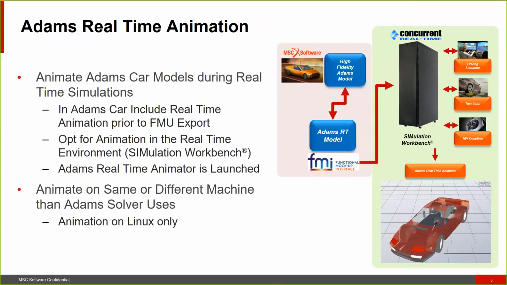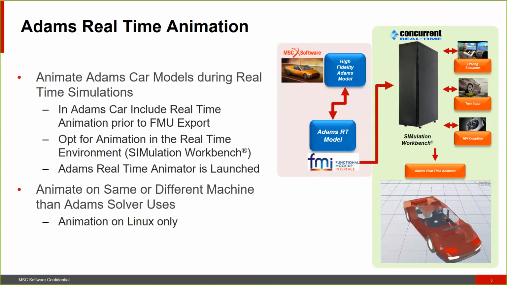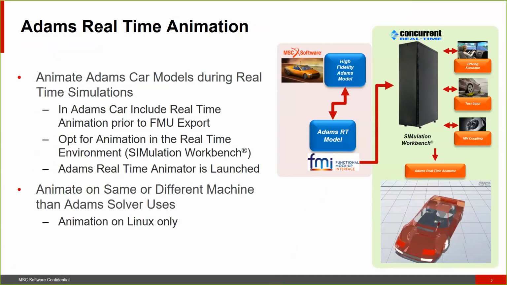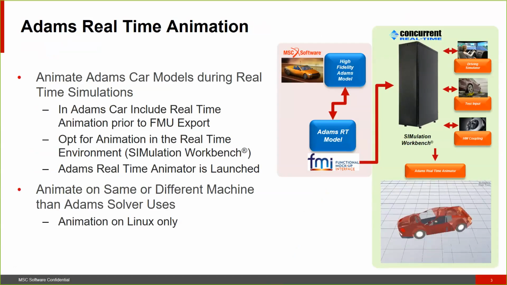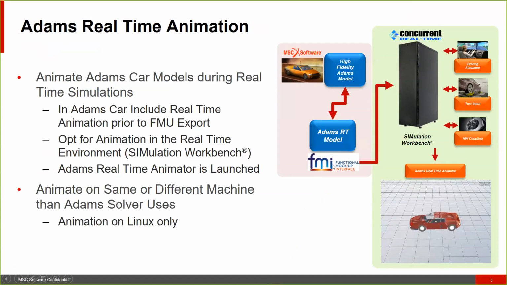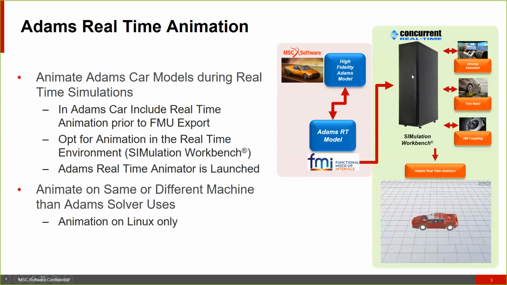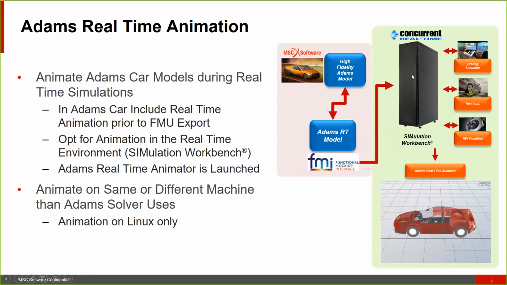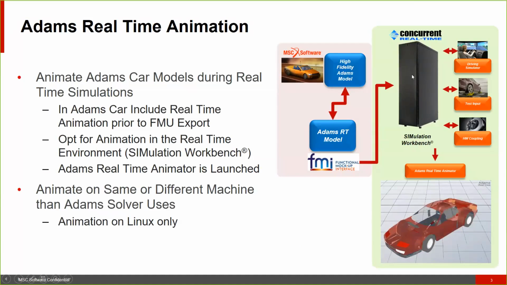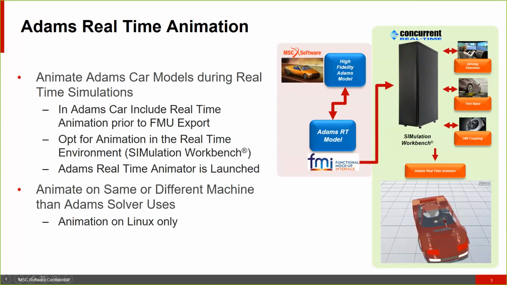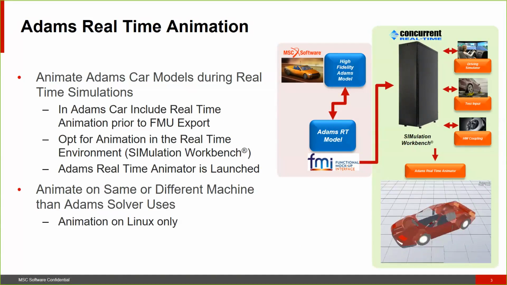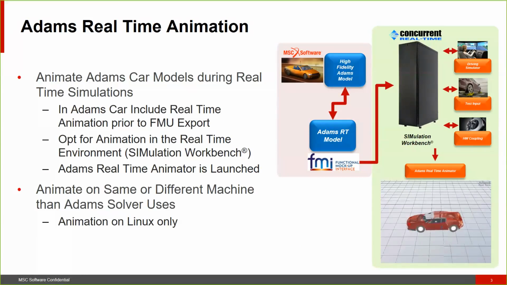So in about Adams 2017.1, in that release, we introduced Adams real-time, which allowed us to take complete Adams models through the FMI interface and bring them over to a real-time operating system environment. Right now, that's our concurrent simulation workbench environment that we support and that we partner with Concurrent on.